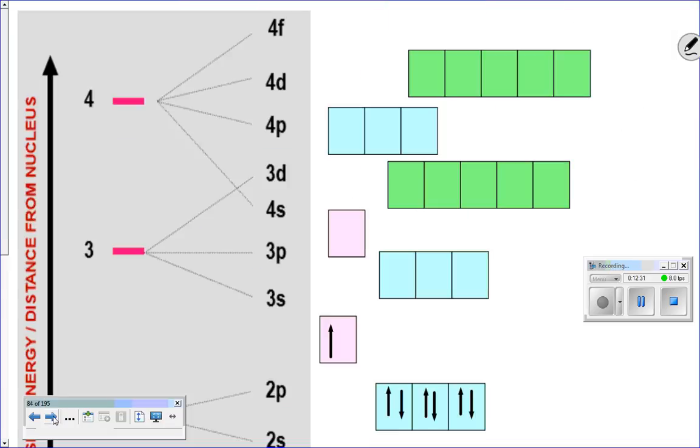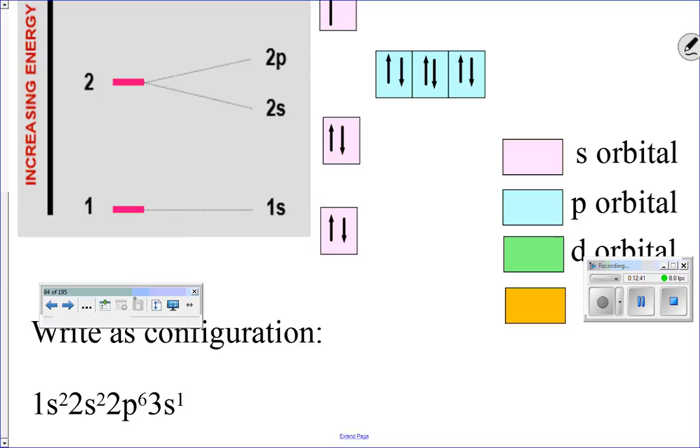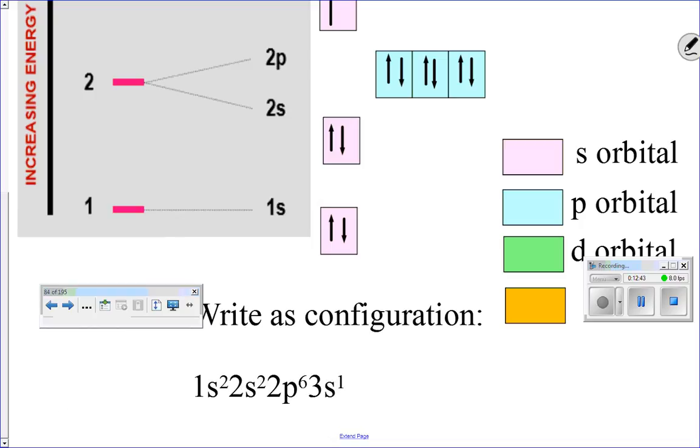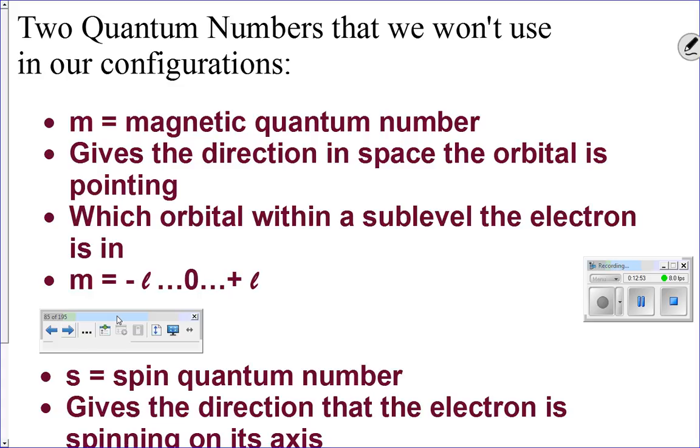I did a nice fancy version of this on here with some nice little electrons so that you could take a look at it. But again, you get that nice quantum configuration: 1s2, 2s2, 2p6, 3s1. So again, at this point we are not really going to worry about magnetic and quantum spin.